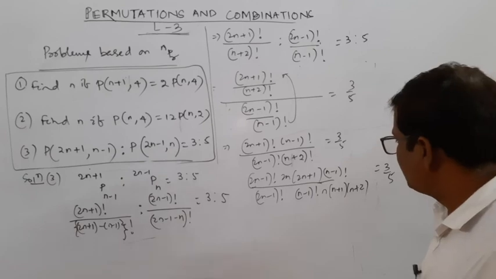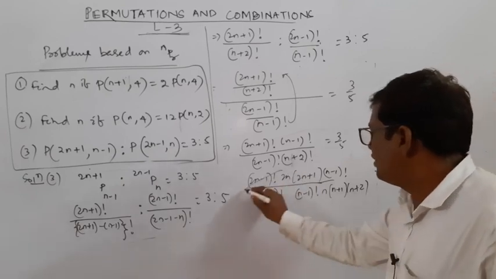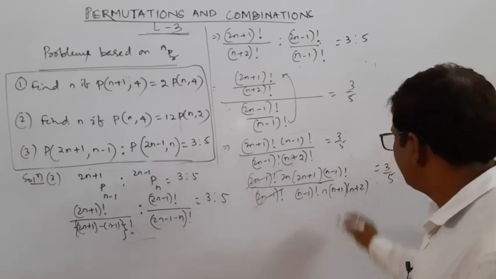Now cancel this (2n−1) factorial and cancel this and this.